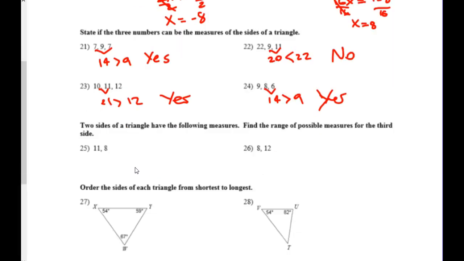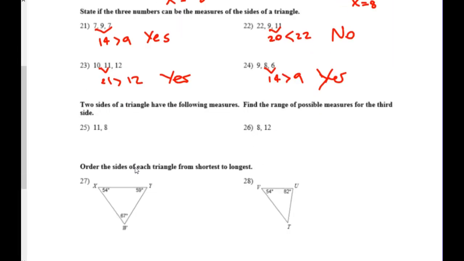All right. 25 and 26. Okay, we talked about these range problems. If you only have two side lengths given, you can find a range of possible measures for the third side. And it's not too hard once you know the rules. We always put x less than, and then on the left, we're going to subtract 11 minus 8.